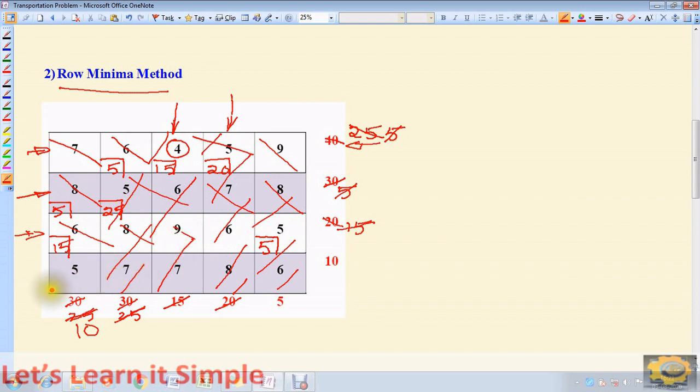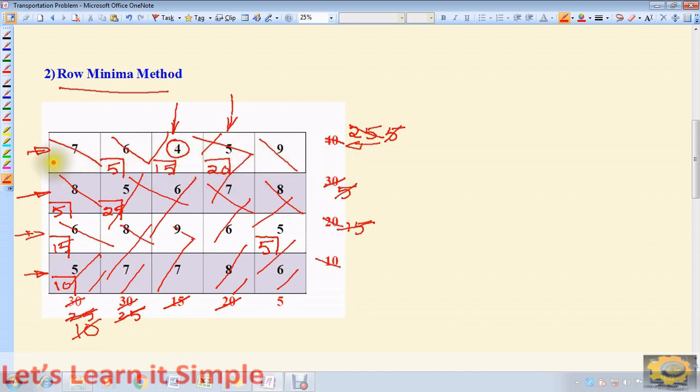In the fourth row, the 7, 7, 8 and 6 are already vanished, so I am left with only one cell, the fourth row, first column, which has a cost of 5. Here, 10 and 10, which means 10 can be allocated. This also vanishes.